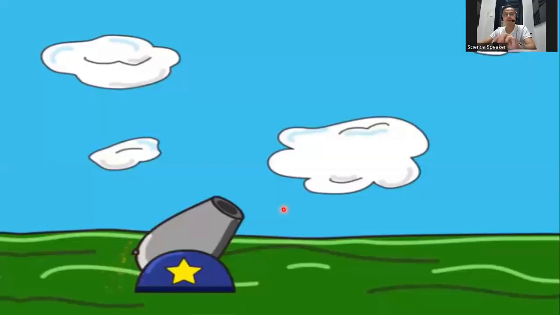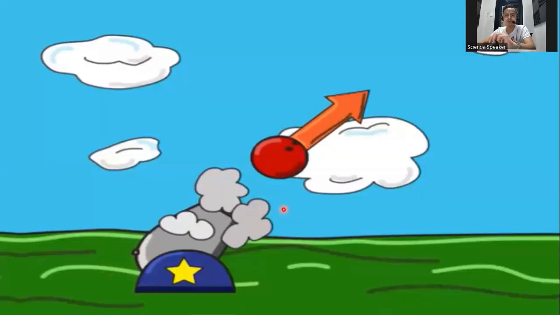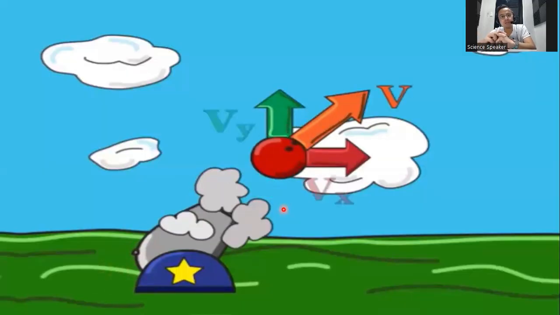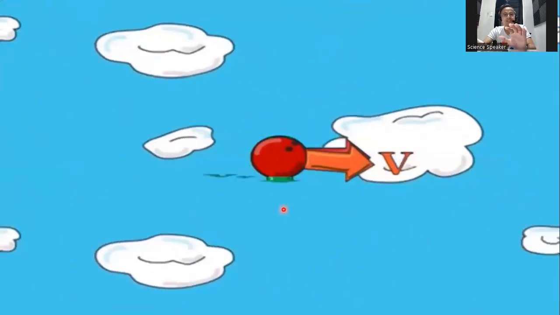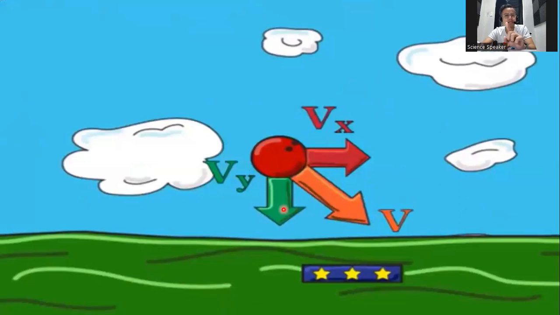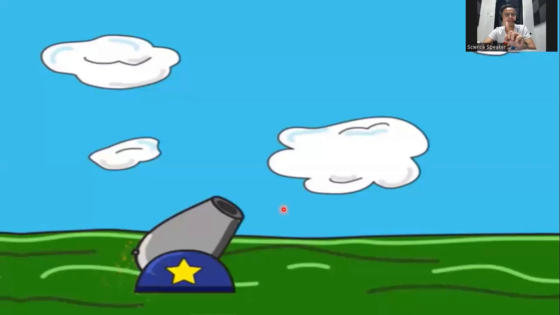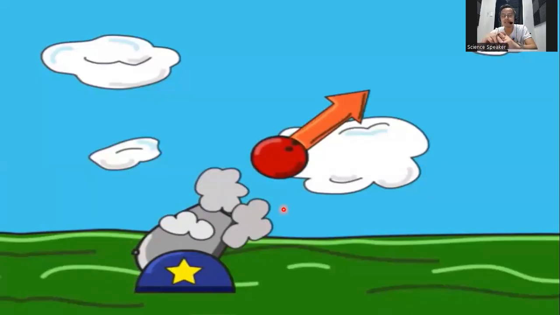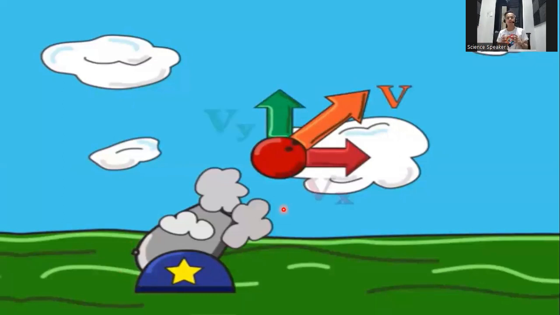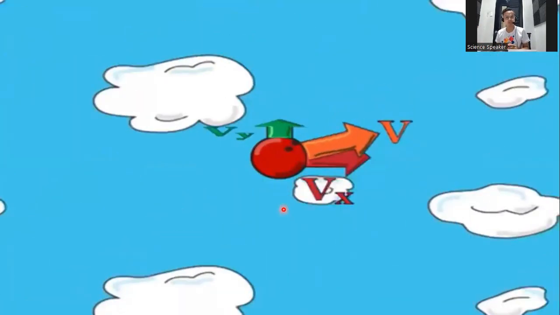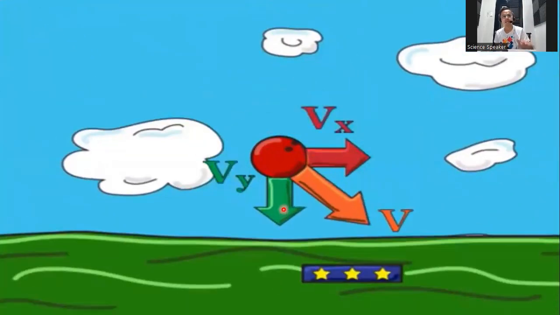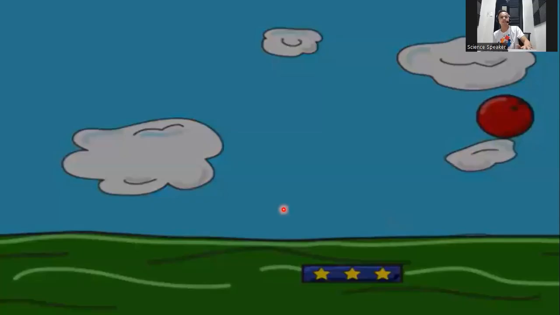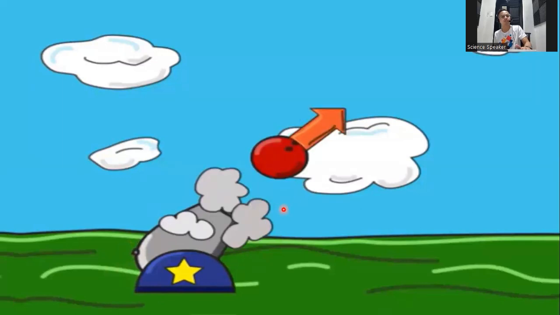And we also have here our discussion in the previous session where in a full projectile, the velocity involved should be taken in terms of the x and the y components. So basically, it means that if you have the value of the initial velocity, you have to solve for the x and the y component. In this case, the red arrow is your x component of the initial velocity.